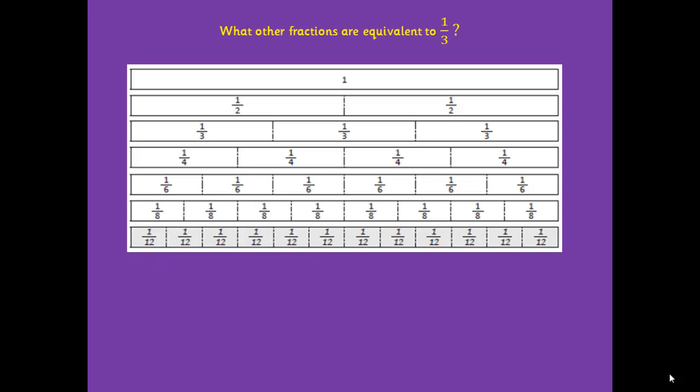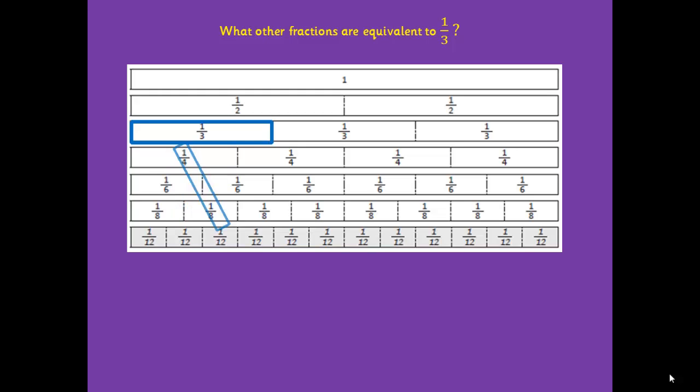We can have a look using this fraction rule to see if there are any other fractions that are equivalent to 1/3. Let me show you where 1/3 is first of all, if you haven't already spotted it. There it is. Now let's see if there are any other fractions that are equivalent to 1/3. Can you see any yet?